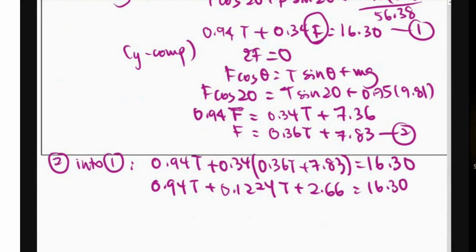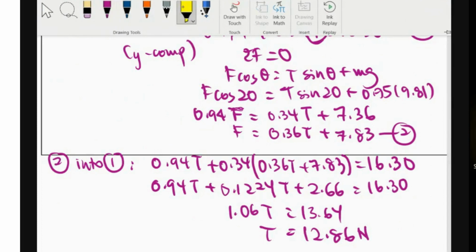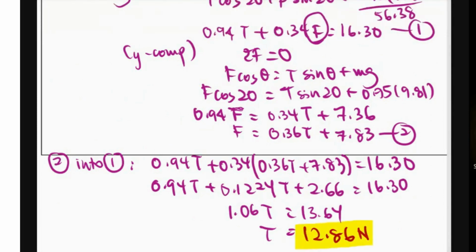I add 0.94 plus 0.1224, which equals 1.06 tension, and 2.66 I bring to the right. So 16.30 minus 2.66 is 13.64. Therefore, tension is 12.86, and the unit is Newton. So this is how we look for the tension force.